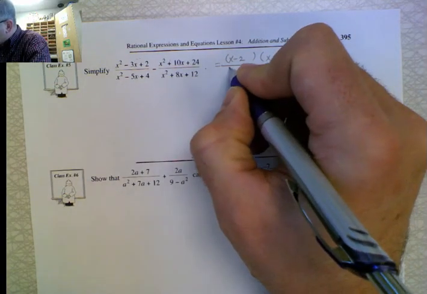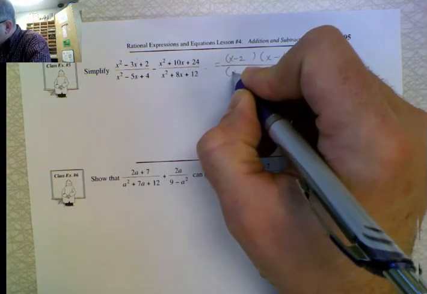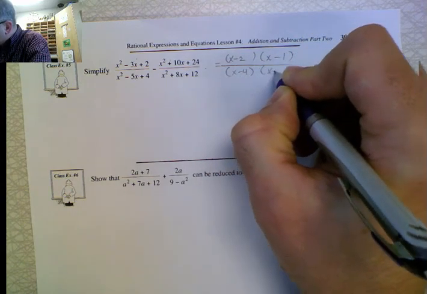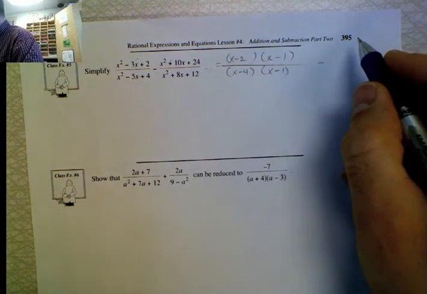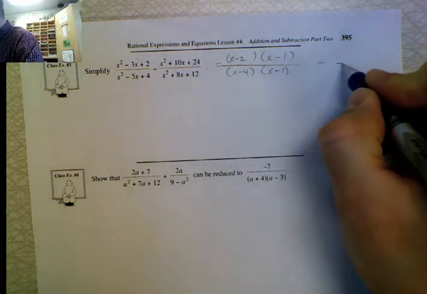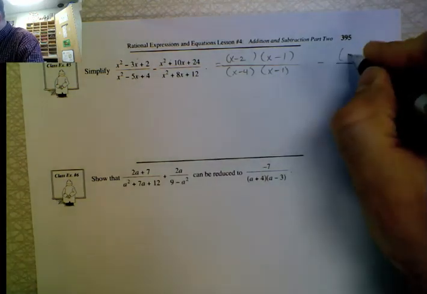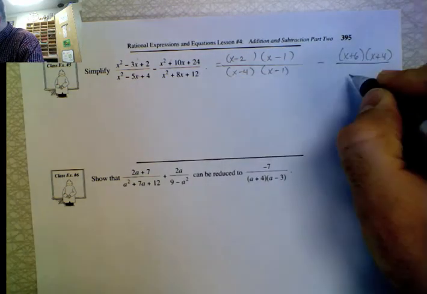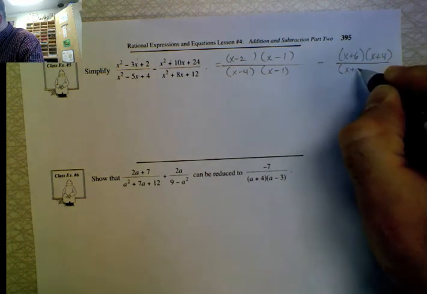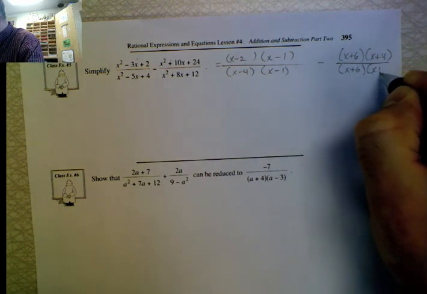My denominator is going to be x minus 4 and x minus 1. In the second fraction, my numerator is going to be x plus 6 and x plus 4, and in the denominator, it's going to be x plus 6 and x plus 2.